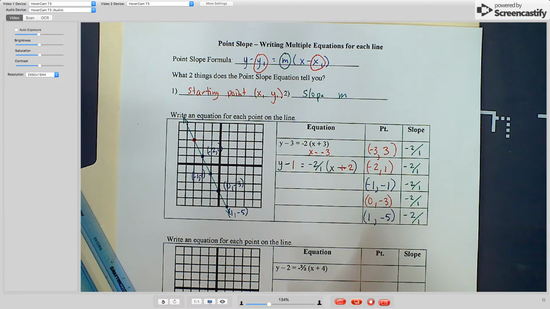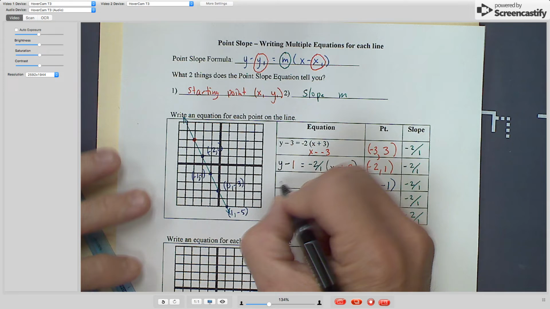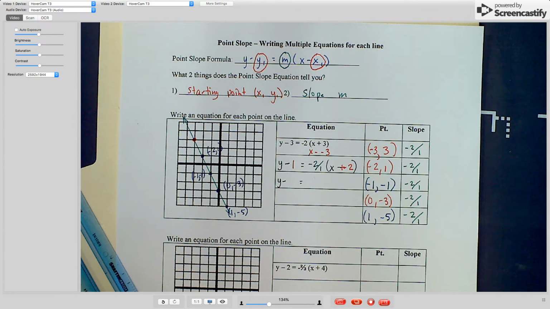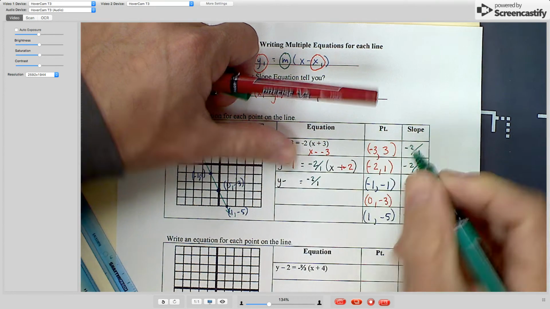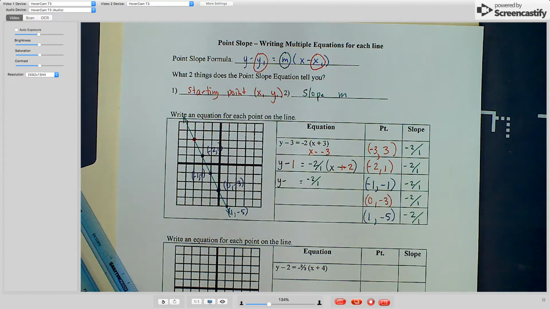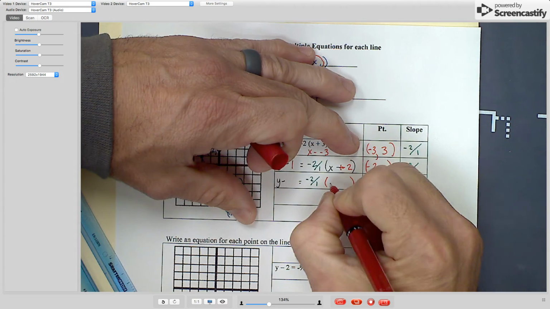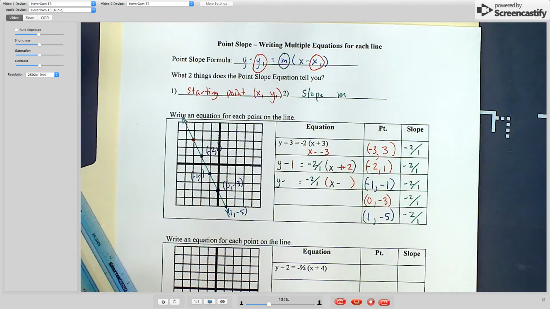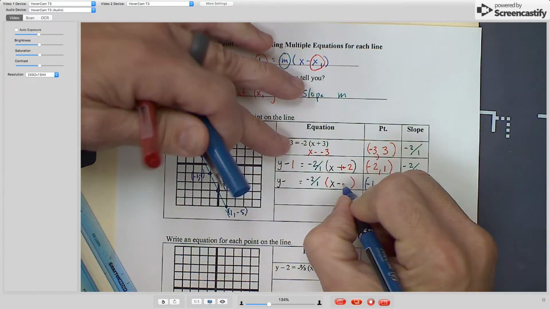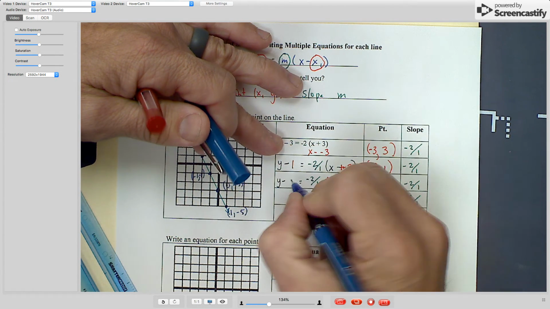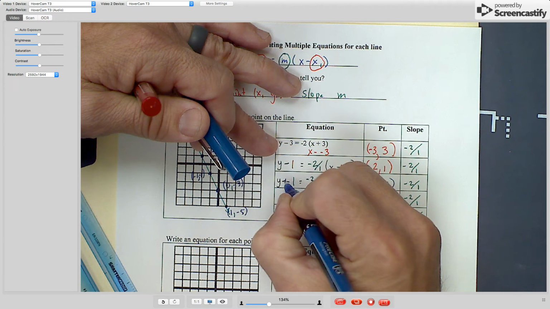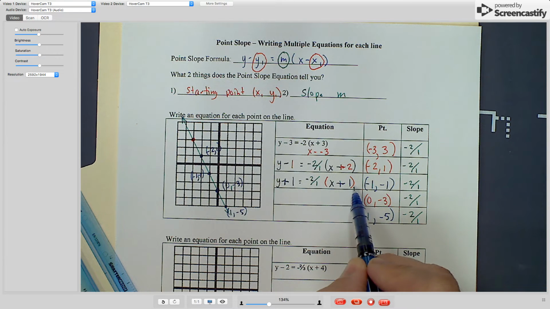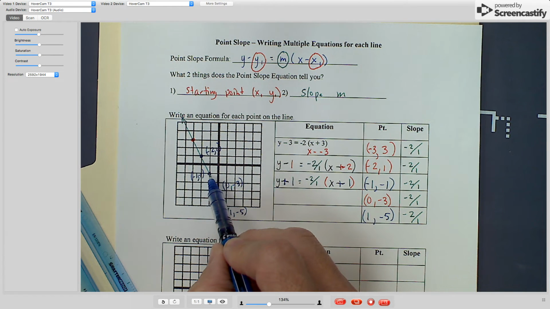Let's do it for the next point. Again, the formula does not ever change. Y minus space equals my m, negative 2 over 1, or if you wanted to put negative 2, you could. X minus, and then for this one, I'm going to put a negative 1 here, which turns into a plus 1. Y minus a negative 1 there, which turns into a plus 1. So y plus 1 equals negative 2, parentheses, x plus 1 describes that point.